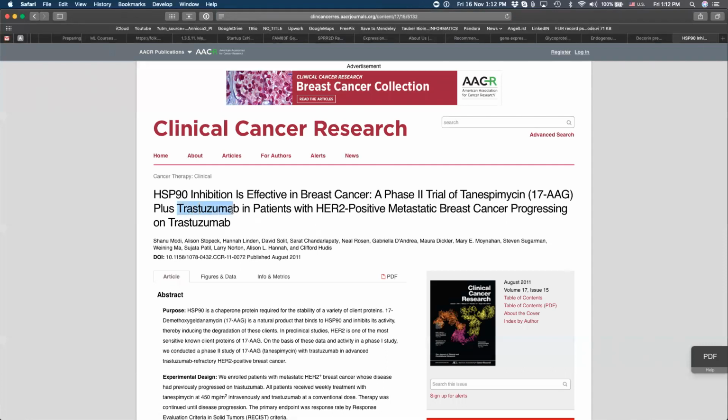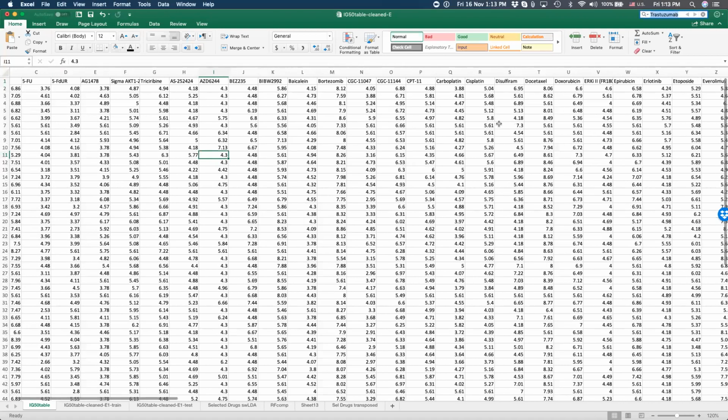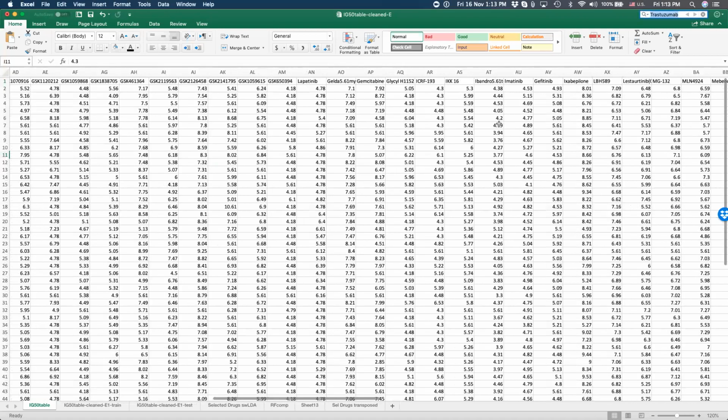And I think that we also have this drug in the table. So let's just search for it real quick. Maybe not. Trastuzumab. I believe I saw something at least similar to that.